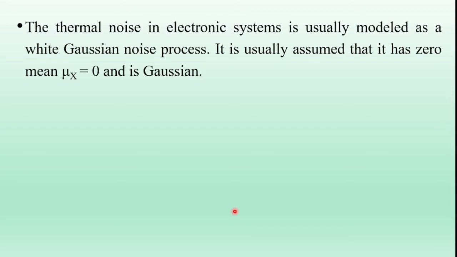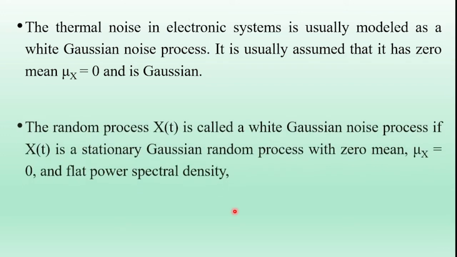Thermal noise in electronic systems is usually modeled as a white Gaussian noise process. It is usually assumed that it has zero mean, that is, mu suffix x is equal to 0, where mu suffix x is the mean of the random process x of t. That mean is 0 and the process is Gaussian.